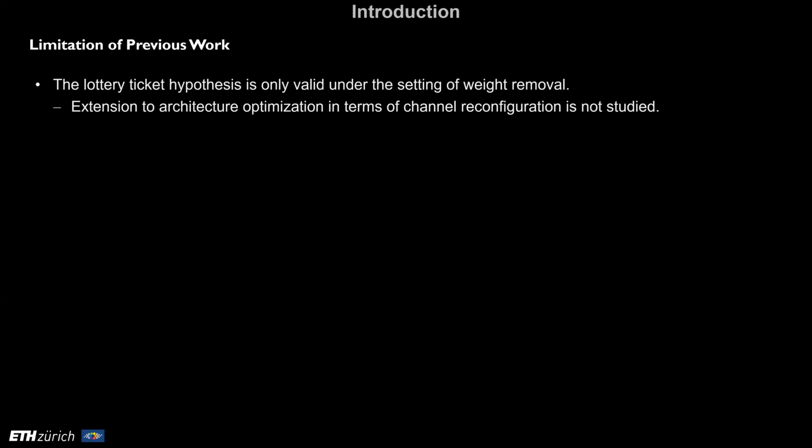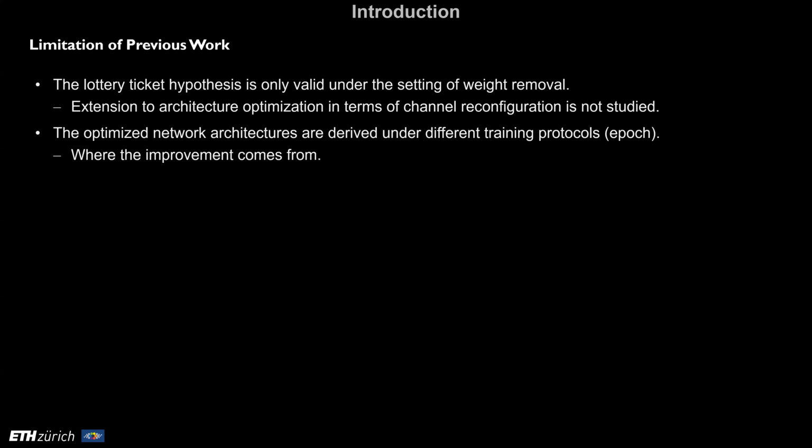So although we are inspired by the previous works, we still need to discuss the limitations of those works. First of all, the lottery ticket hypothesis is only valid under the setting of weight removal. Extension to architecture optimization in terms of channel reconfiguration is not studied.